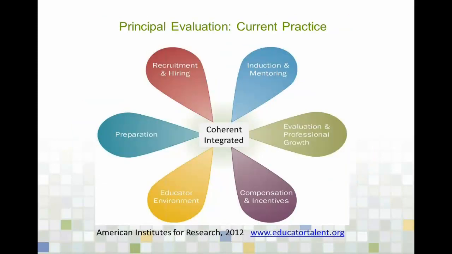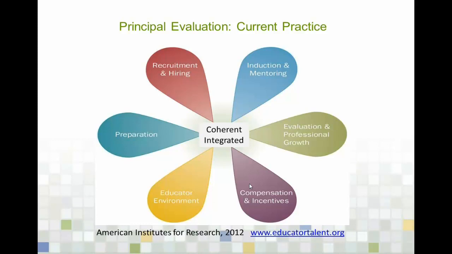Before we dive into some of the recommendations included in the guidelines report, I think it's important to step back and think about the way that we are managing the work of instructional leaders and how evaluation fits into different human resource processes. We call them human capital management approaches to supporting the development of principal leadership.